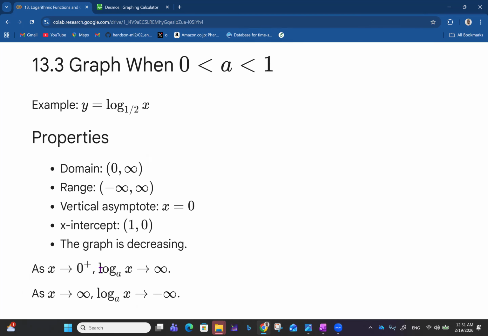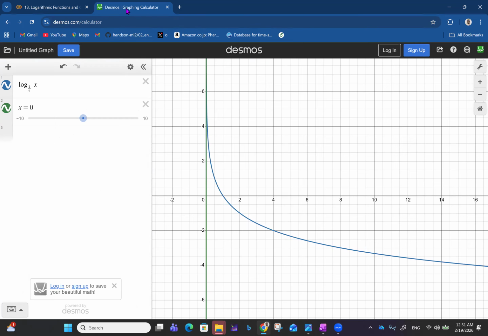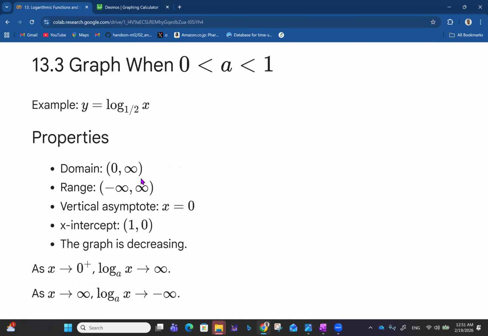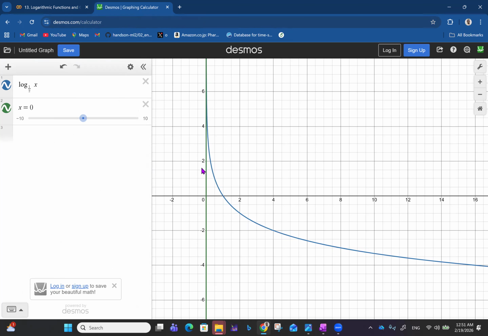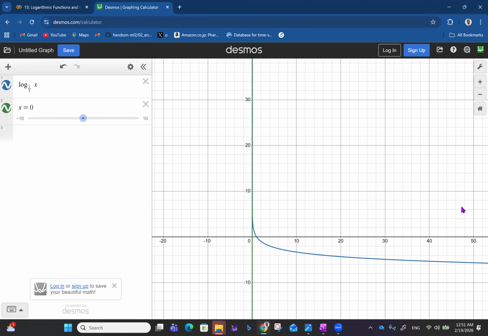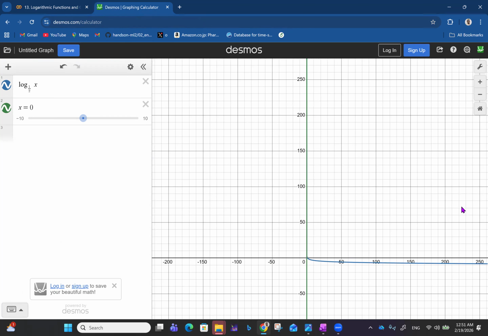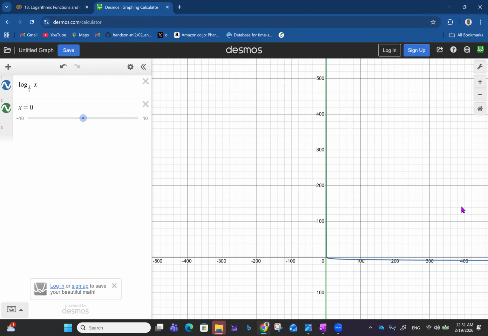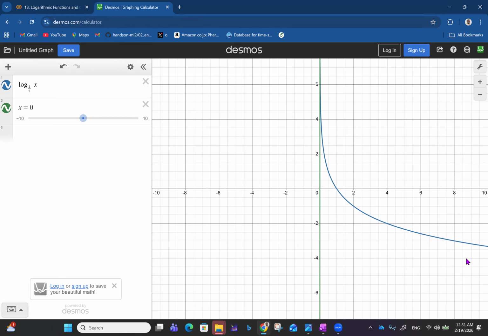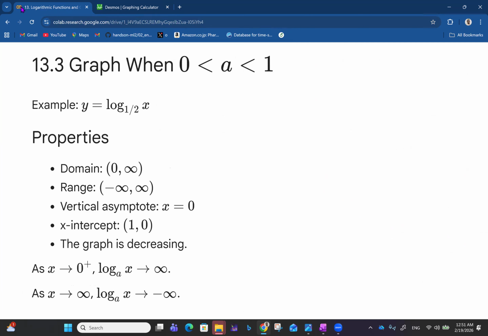As x approaches 0 from the positive side, the function grows towards infinity. Then as x goes towards infinity, log x goes towards negative infinity. So as x keeps increasing, the function keeps moving towards negative infinity like this.